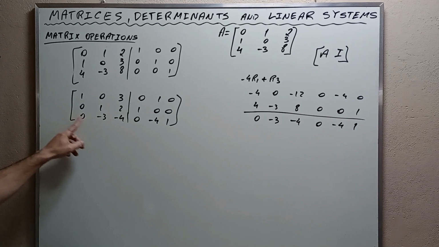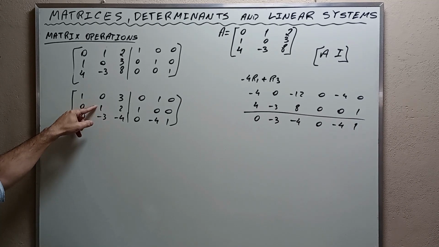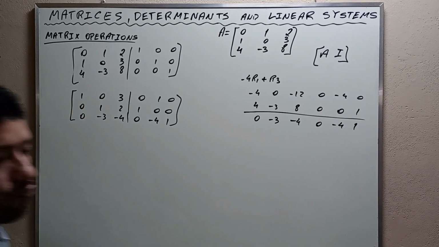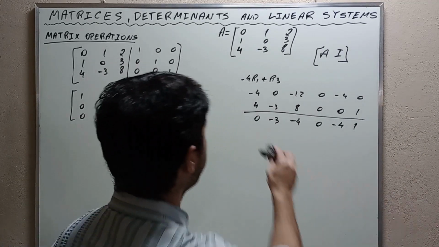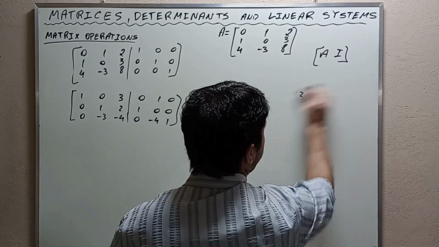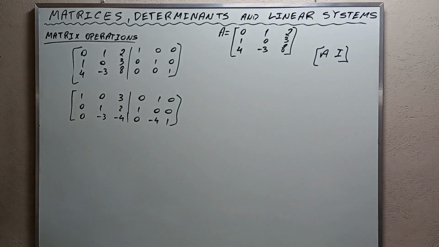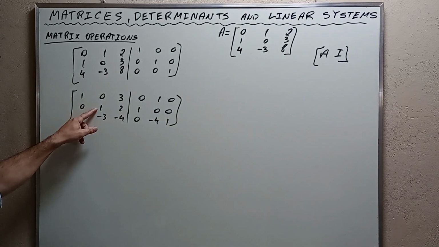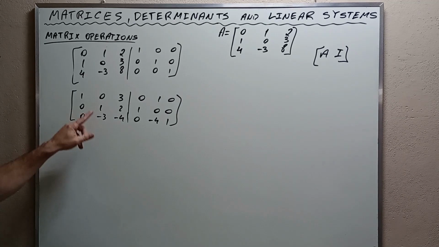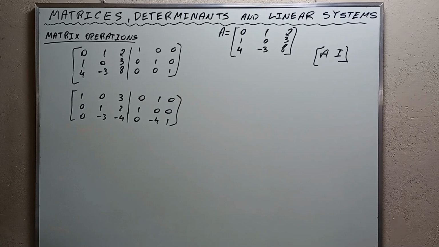What we need to do now is to eliminate this -3 here. And we are going to use this entry, A22, as a pivot. Let's do it. Use the pivot A22 equal to 1 to place a 0 at A32, okay?